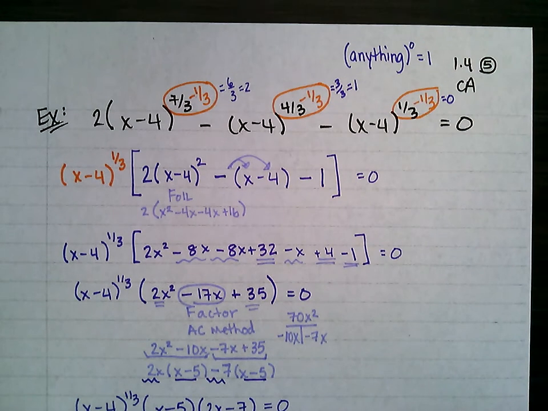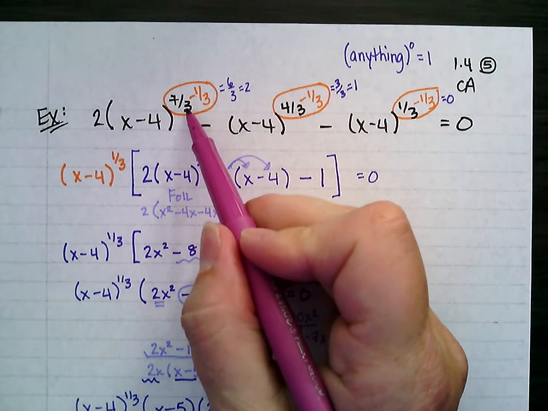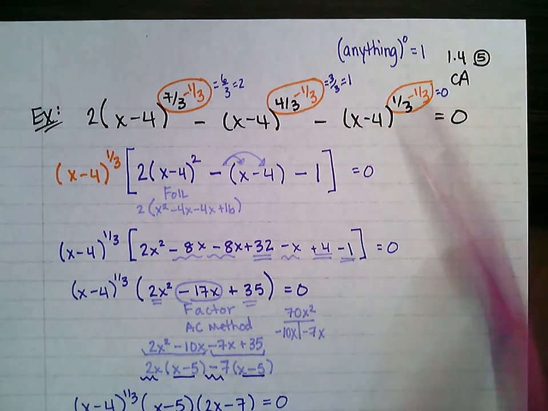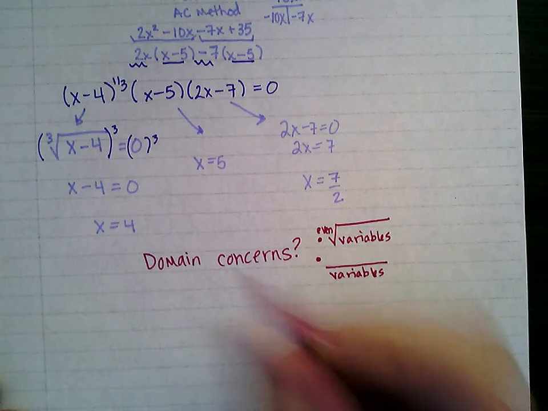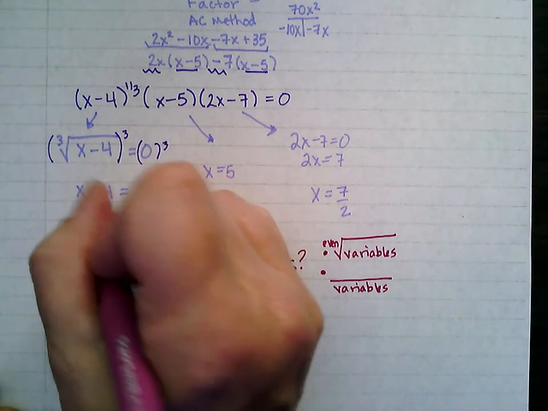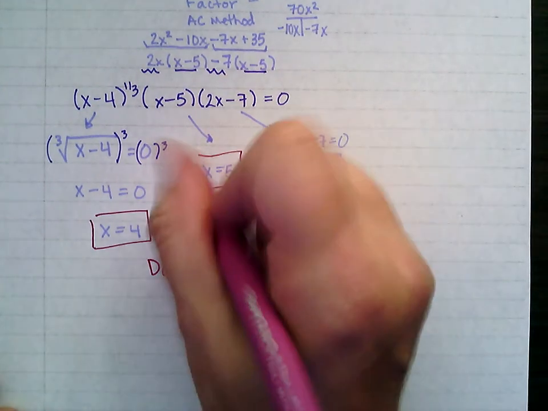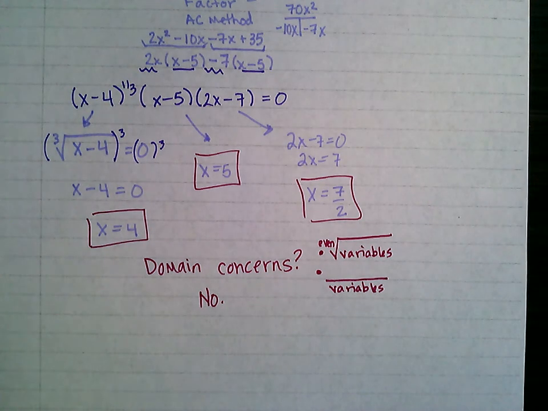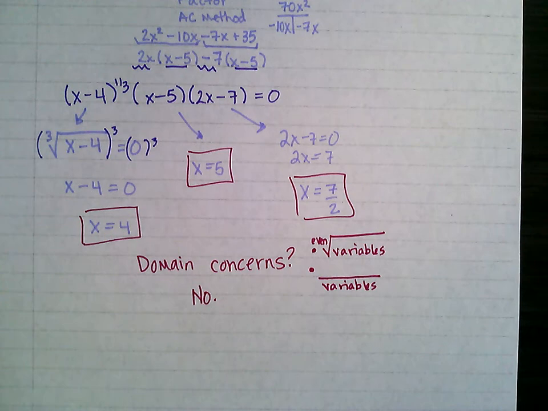What we have in our original problem, by the way, the index of the radical is in the denominator. So that's a cube root, that's a cube root, that's a cube root. So do we have domain concerns? No. So we do not need to check those. All three of these values will be valid solutions, and we are out.